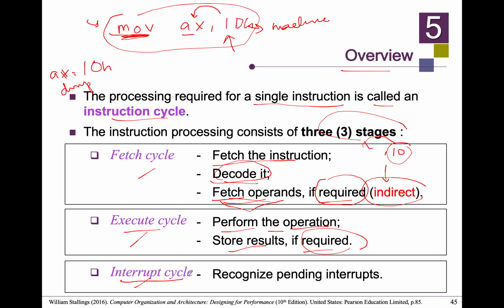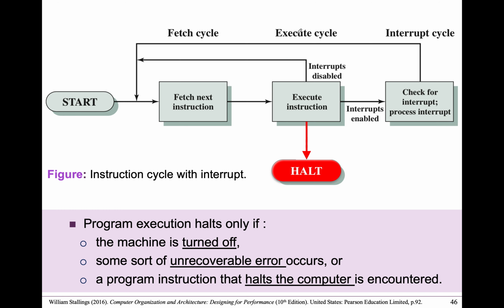And lastly, the interrupt cycle, if it recognizes pending interrupts. Later on you will see how the flow looks, from fetch cycle and then execute cycle, interrupt cycle, and then it will loop again, depending on how many instructions you have in one source code.